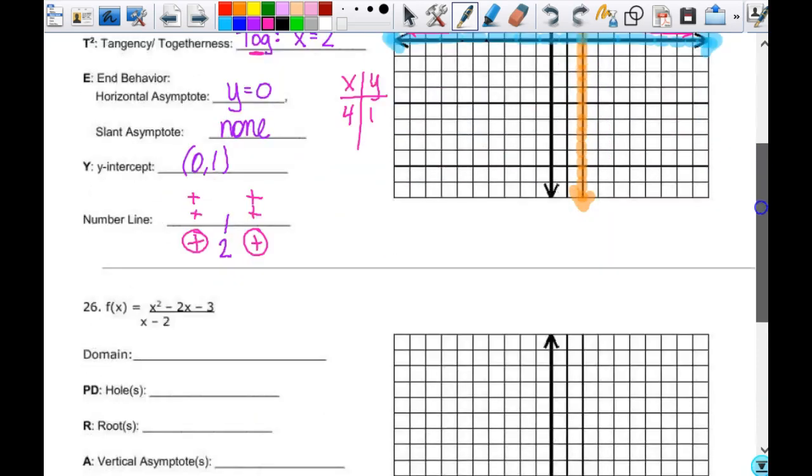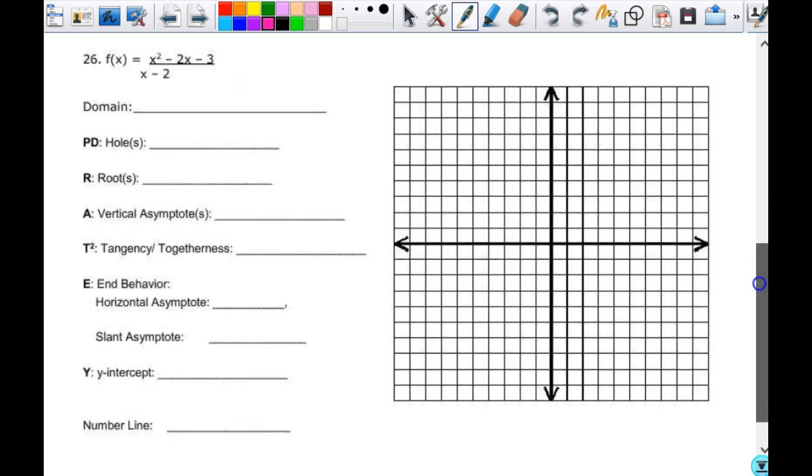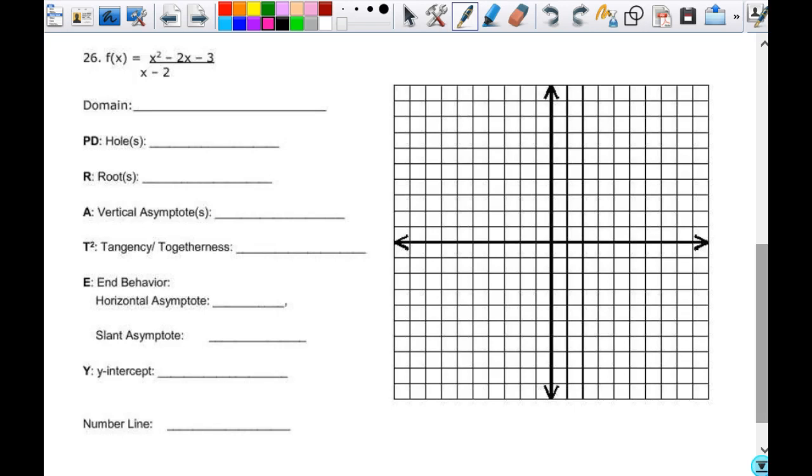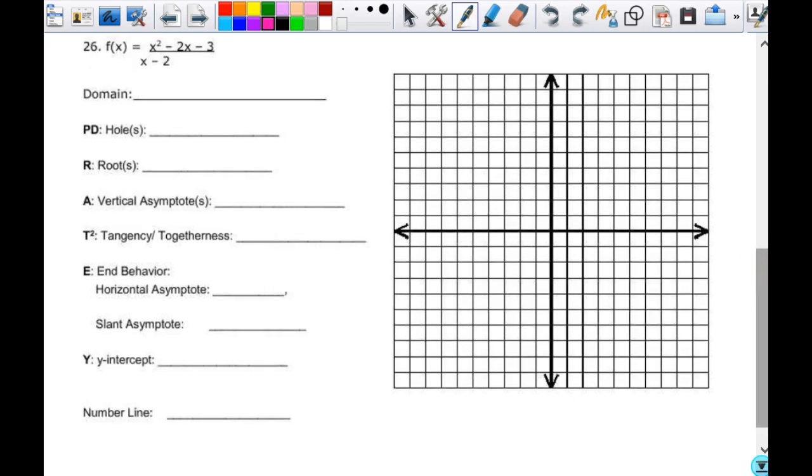All right, 26. Okay. Got a factor in here. So when I factor the numerator, this is going to give me x minus 3, x plus 1, all over x minus 2.